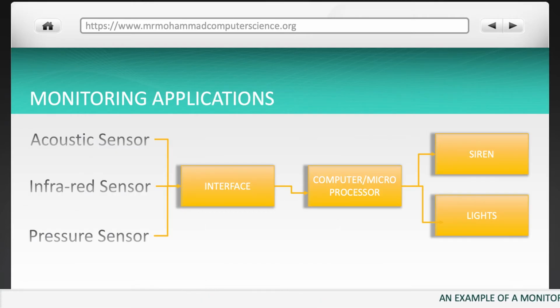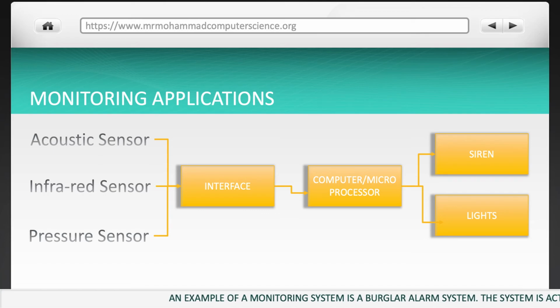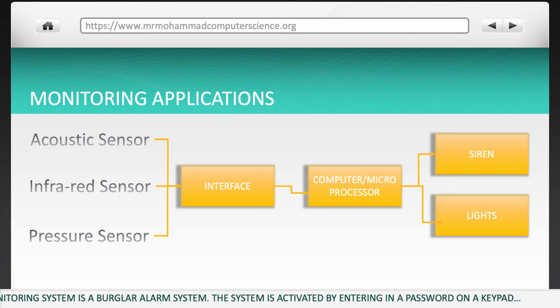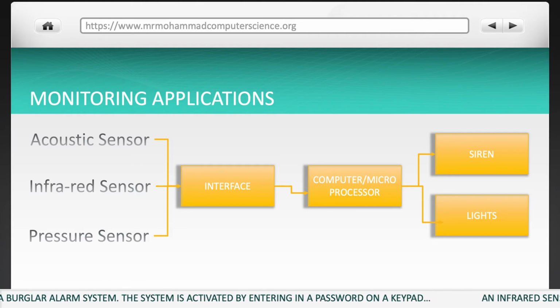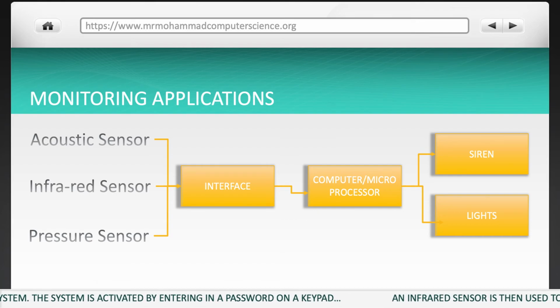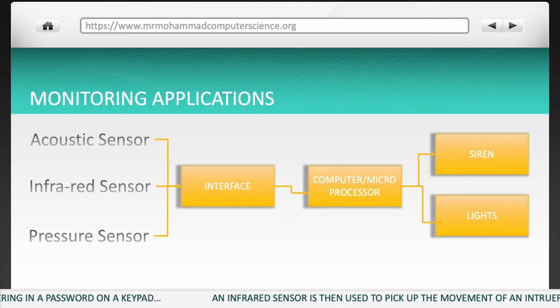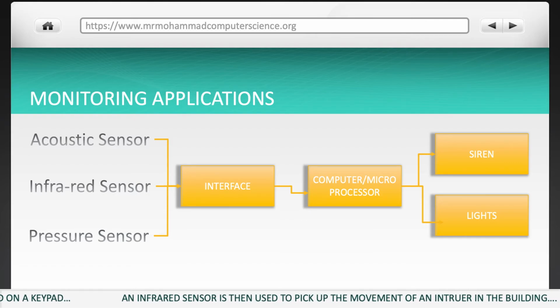So, an example of a monitoring system is a burglar alarm system. The system is activated by entering in a password on a keypad. An infrared sensor is then used to pick up the movement of an intruder in the building.